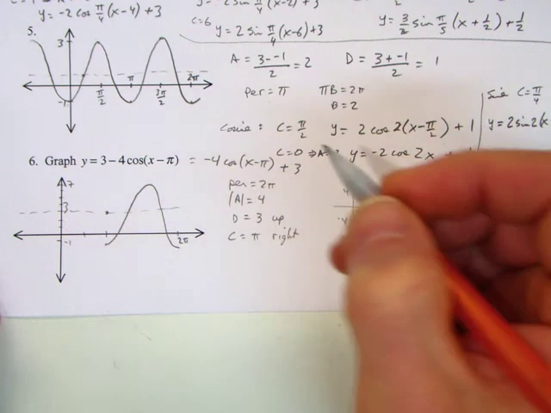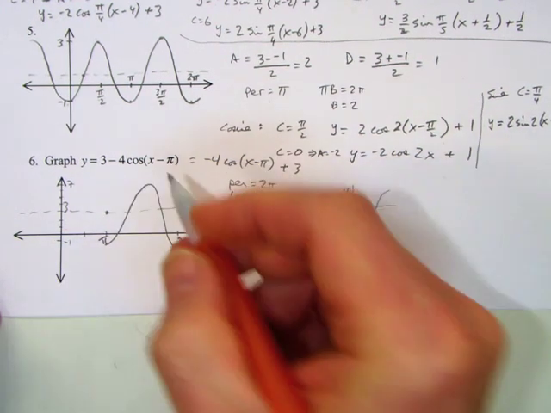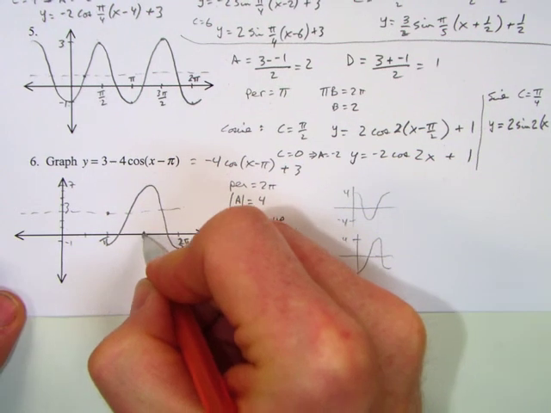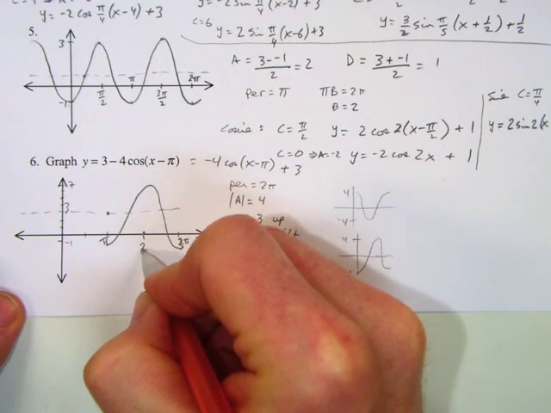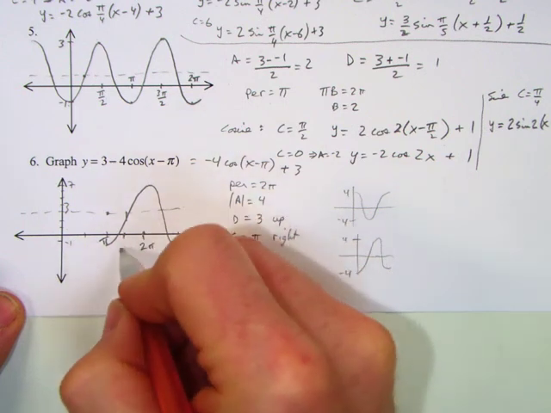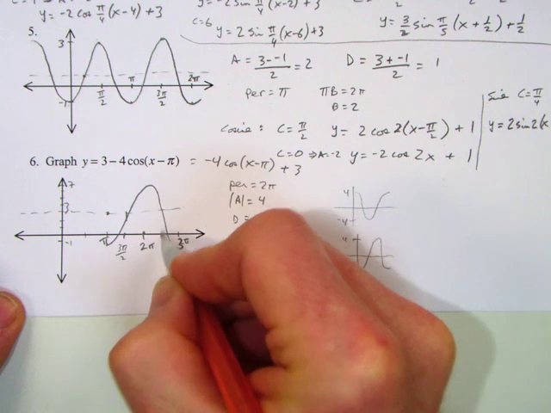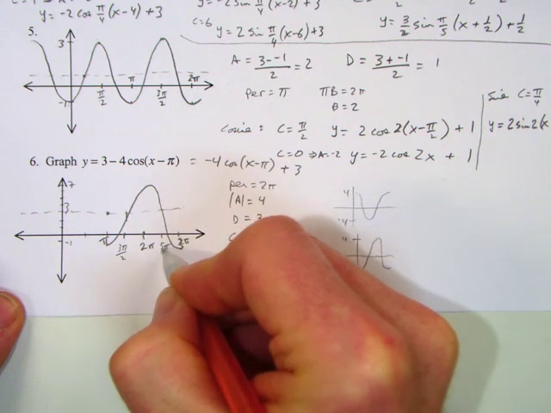And this was pi, so this would have to be 3 pi, and then in the middle we're saying that this is 2 pi, and that point would be halfway in between there, 3 pi over 2, and then over here would be 5 pi over 2.